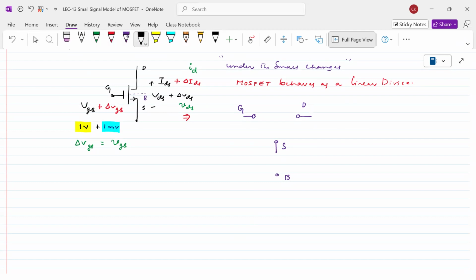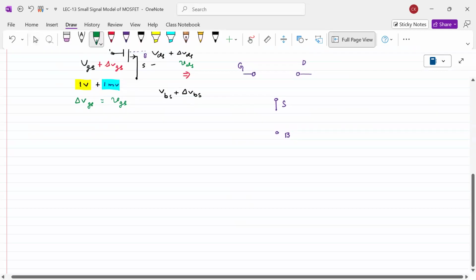If you make a small change in VBS, this can also influence the ID value. Why? Because when the body to source potential is different, if they are not at the same potential, then the threshold voltage of the transistor will change. Because of the threshold voltage, the ID value also changes, right? So these are the three parameters we see that change ID.